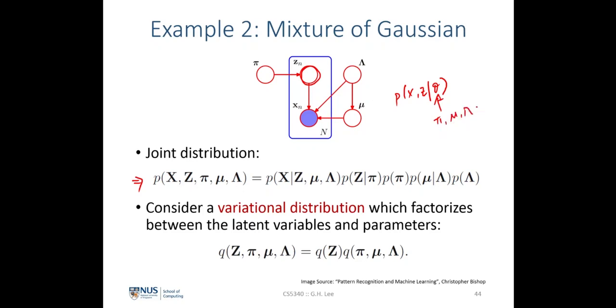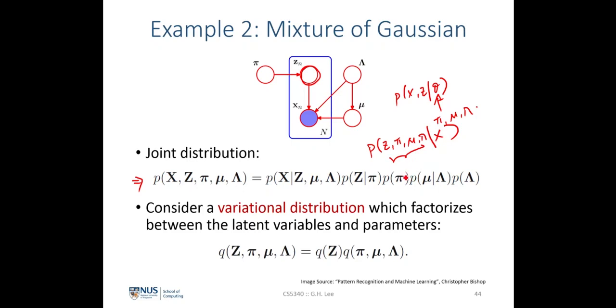But in the case of variational inference, we don't differentiate between the unknown parameters and the latent random variables. We simply lump all of them together. Hence, what we are interested in is to find the posterior distribution of z, pi, mu, lambda conditioned upon x, and all of these are treated as our latent random variables.